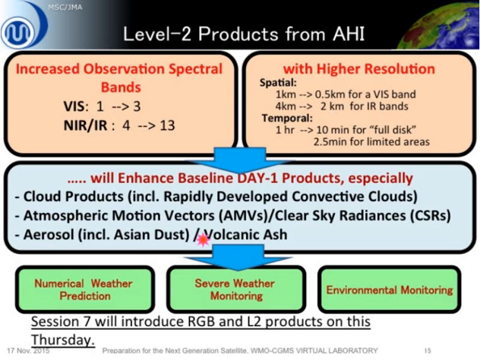These products are expected to contribute to numerical weather prediction, severe weather monitoring, and environmental monitoring. Session 7 on this Thursday will specifically introduce RGB techniques and level 2 products by Mr. Hayashi from Meteorological Satellite Center. He is my colleague.